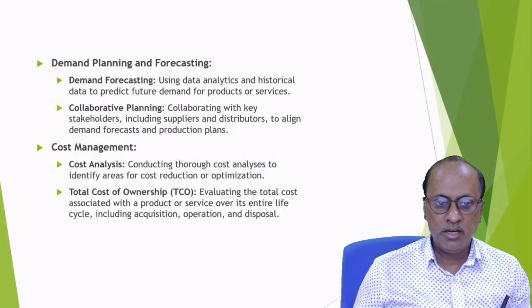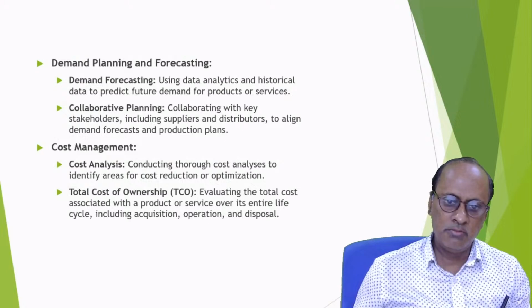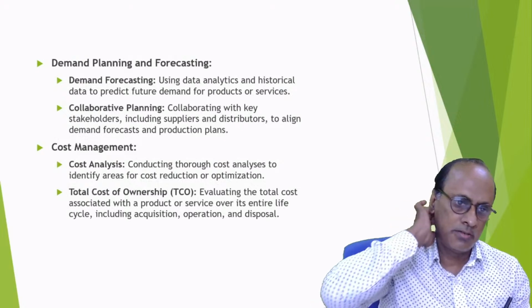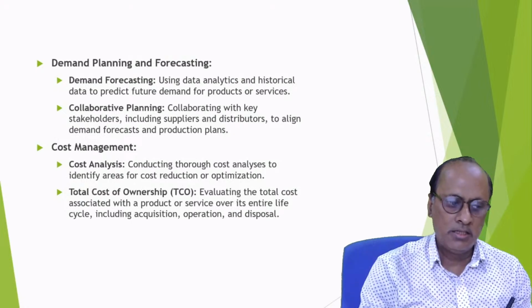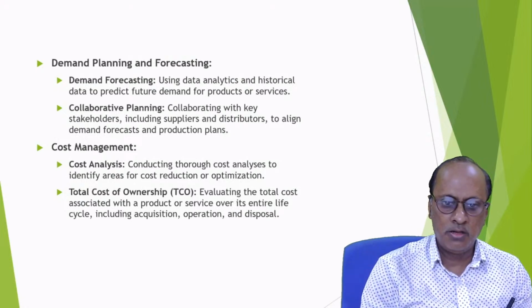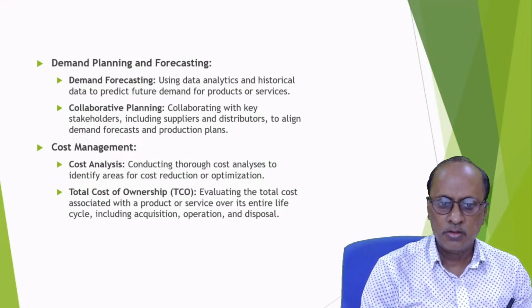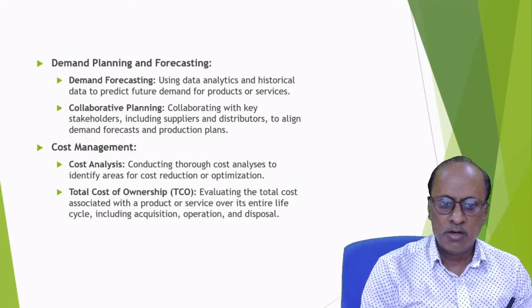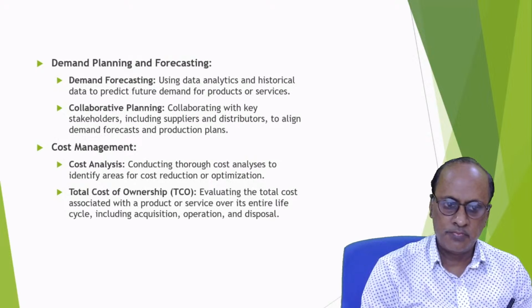Then demand planning and forecasting, using data analytics and historical data to predict future demand for products or services. Then another growth area is collaborative planning, collaborating with key stakeholders, including suppliers and distributors, to align demand forecast and production plans.